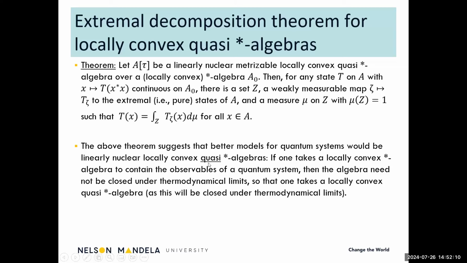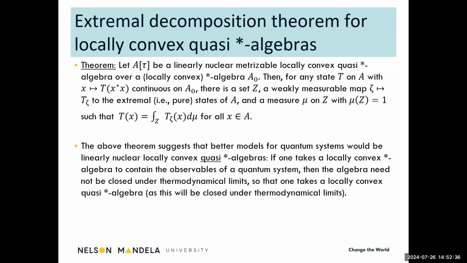Also, one of the reasons why quasi-star algebras are important is that one can break the region up into smaller regions and consider the dynamics over the smaller regions because that might be easier. Then you've got to unravel the dynamics of the overall region by gluing the dynamics of all the individual regions together.